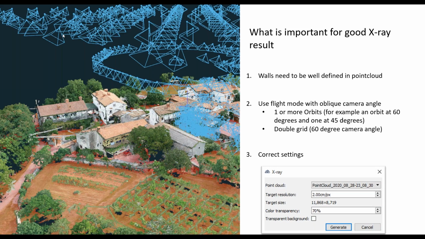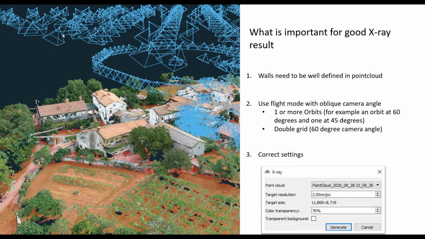The final step for good X-ray results will be correct settings for X-ray. This one will actually be very simple. All we have to do is select the correct resolution and correct color transparency.